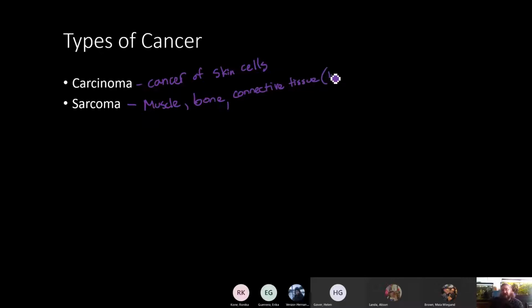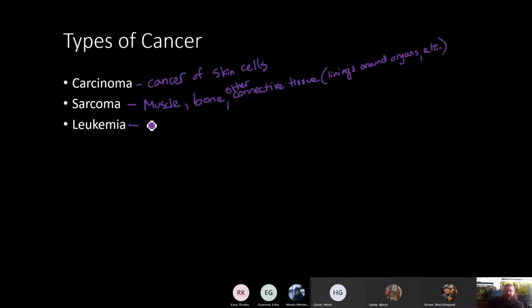So this is like linings around organs, linings around body cavities, tissue that helps hold skin and muscle together. So muscle cells, bone cells, other connective tissue, those are sarcomas.